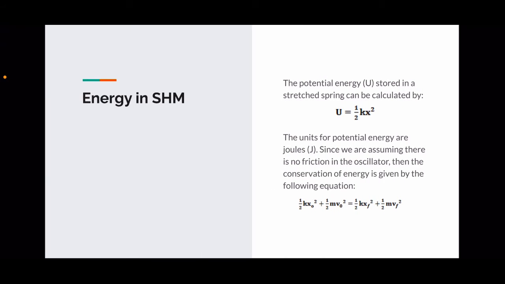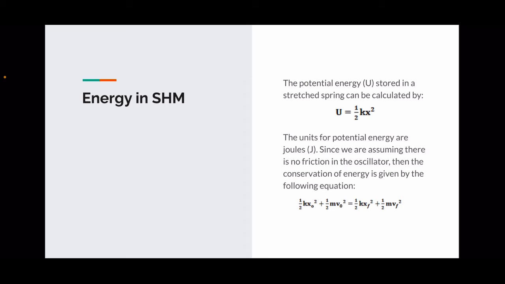Energy in simple harmonic motion. The potential energy can be calculated by the following formula: U equals 1/2 kx squared. The potential energy units are joules. We can also have a conservation of energy equation because there is no friction in the oscillator.